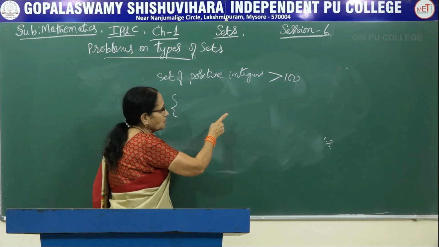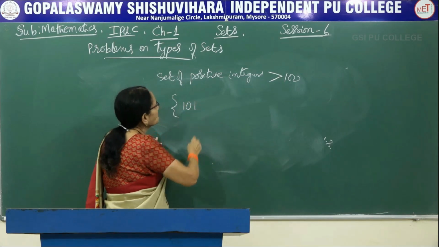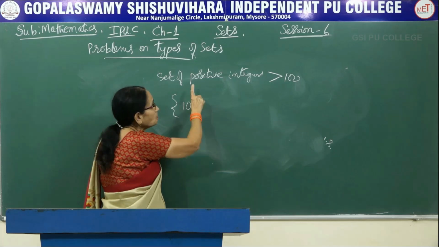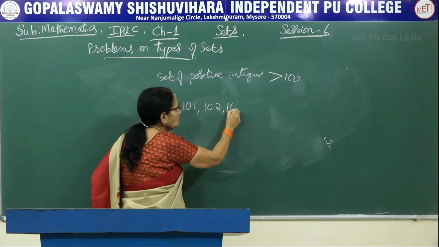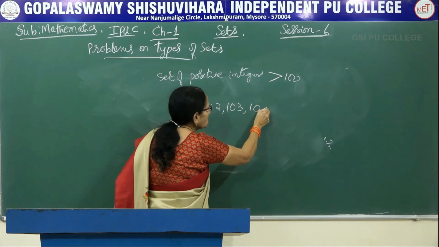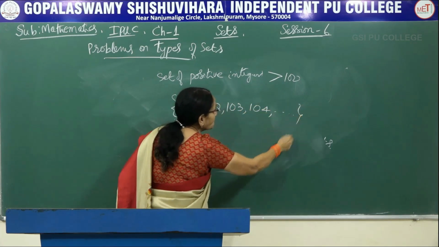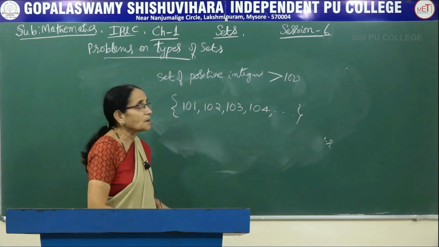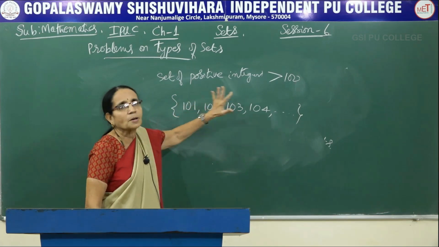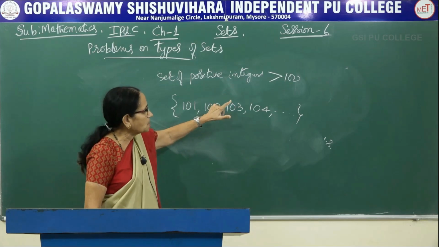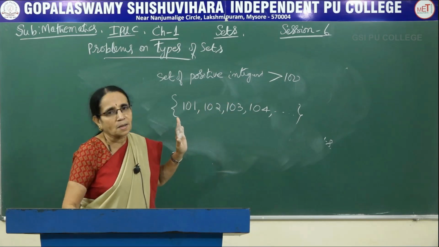More than 100 means we have to start with 101, isn't it? The positive integers 101, 102, 103, 104, etc. Because I have not said anything about the last element of this one. We should consider only positive integers, and those integers should be strictly greater than 100.